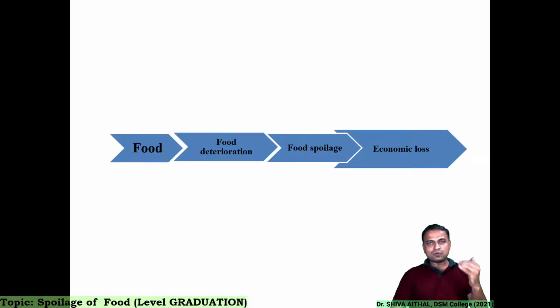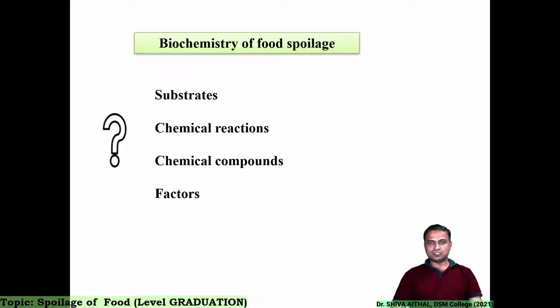There are 3 to 4 types or categories of spoilage. Basically it is all about the chemical changes which take place inside the food. You have to understand the biochemistry of food spoilage. The basic principle of food spoilage remains in its biochemistry. So the substrate, chemical reactions, chemical compounds which are formed, means what is the substrate for that chemical change.